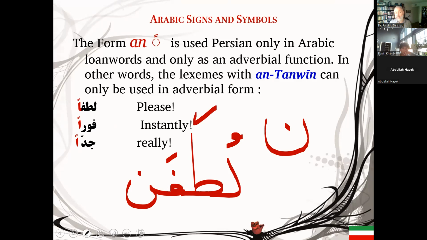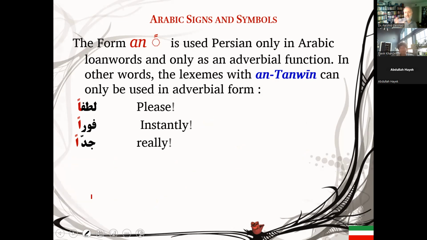There is no nun written here, right? But you have this tanwīn and alif at the end of the word, and you pronounce it like an. So lutfan, fawran, jaddan. Well, the good thing about that, I don't know if it's a good thing or not, they are quite restricted in Persian because we have maybe 12 or 13 adjectives in Persian that come with that. For example, this one.